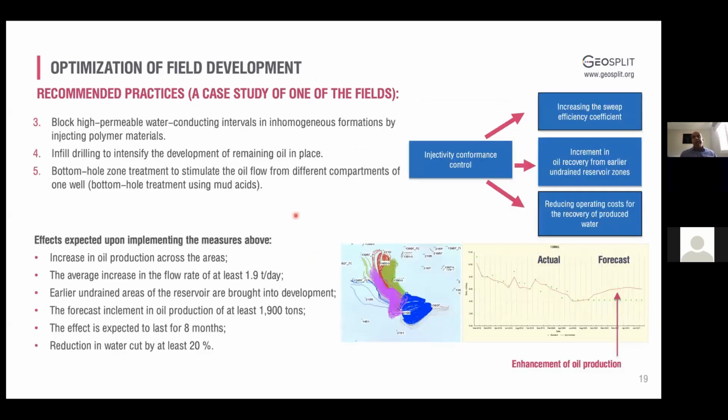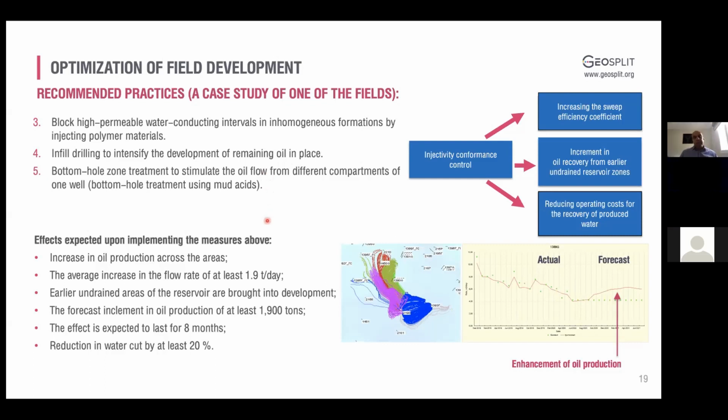Further on, certain thief zones were identified between injectors and producers, so the decision was made to use polymer systems to plug those thief zones. Another decision was to do infill drilling to intensify the development of remaining oil in place.